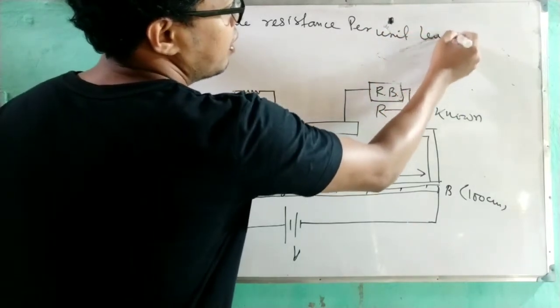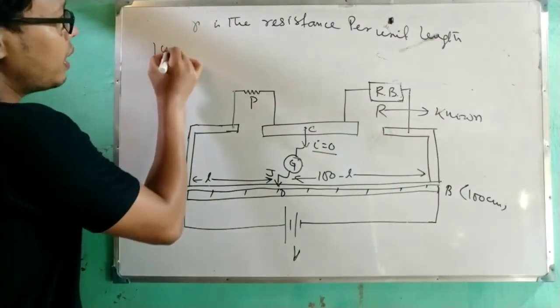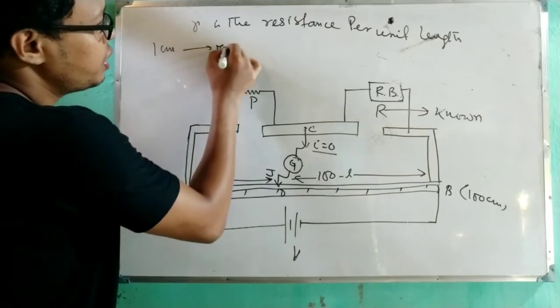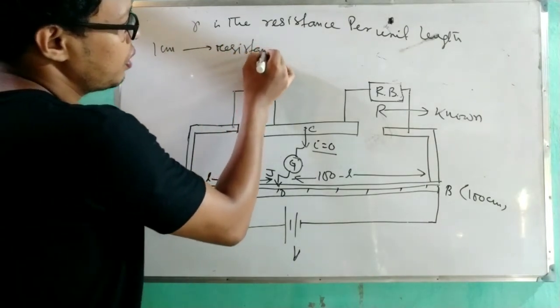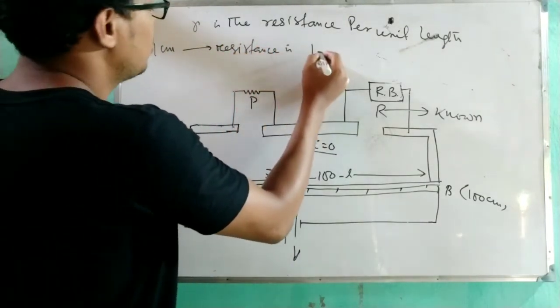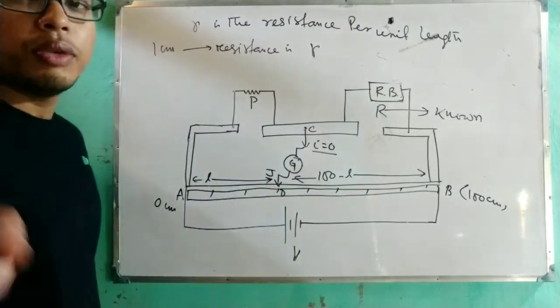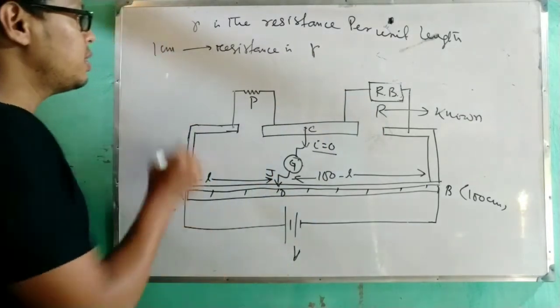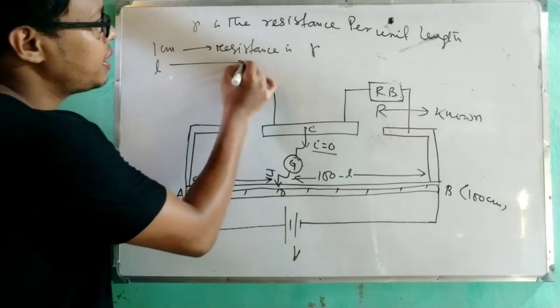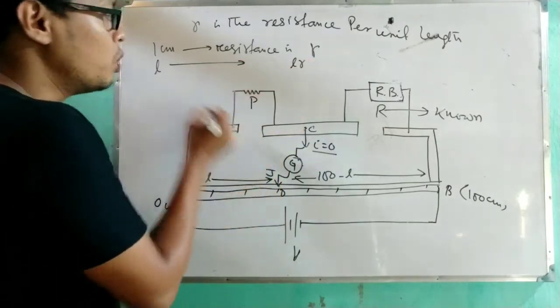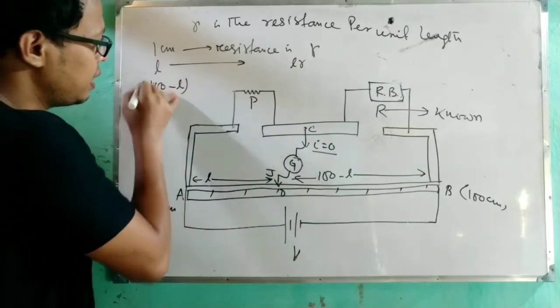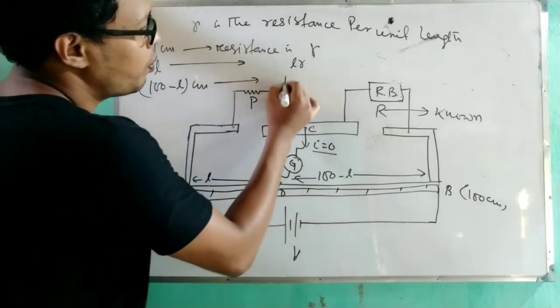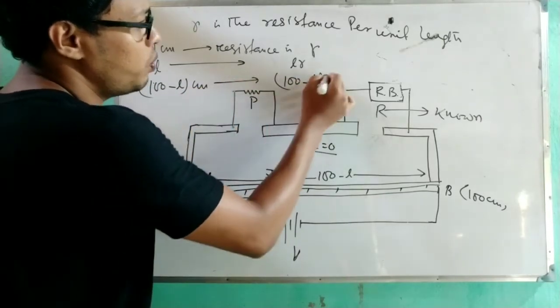What is the meaning? Unit length means in 1 centimeter length, how much is the resistance? The resistance is r. In 1 centimeter the resistance is r. So in L centimeter, how much resistance? Lr. So in 100 minus L centimeter, the resistance is (100 minus L) into r.